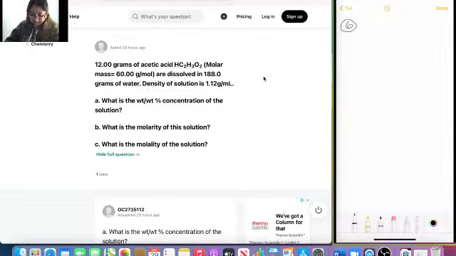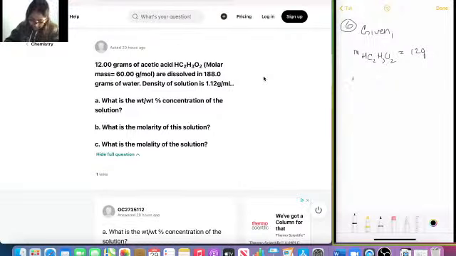So we are given here the mass of acetic acid, C2H4O2, which is 12 grams.